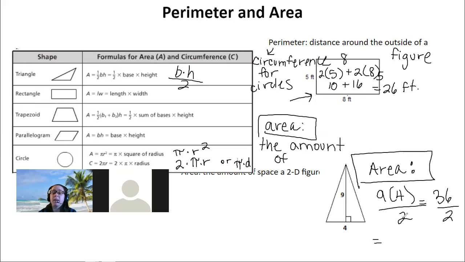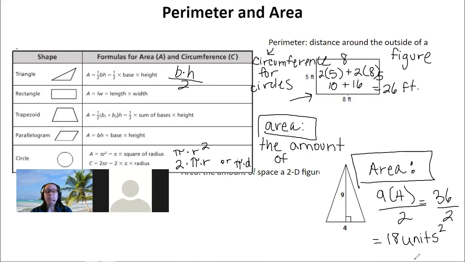So what would I get for the area? 18. Yep, you're right. 36 divided by 2 is 18. And there's no unit there, so I would just write the words units squared. That one is units squared because it's talking about the space inside.